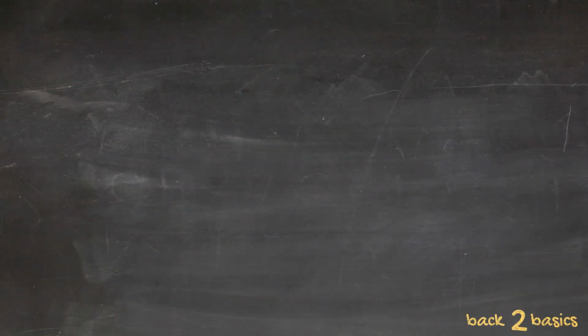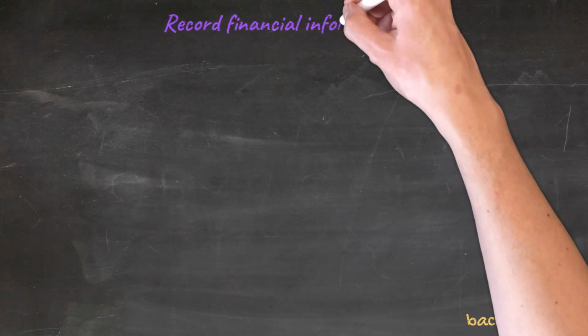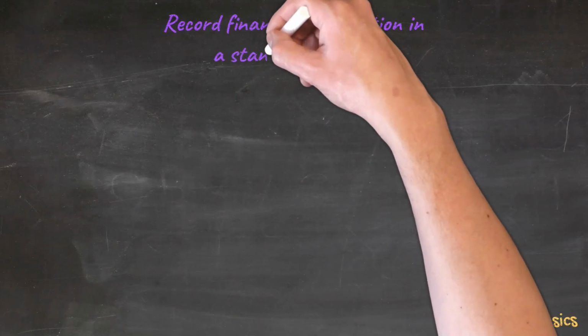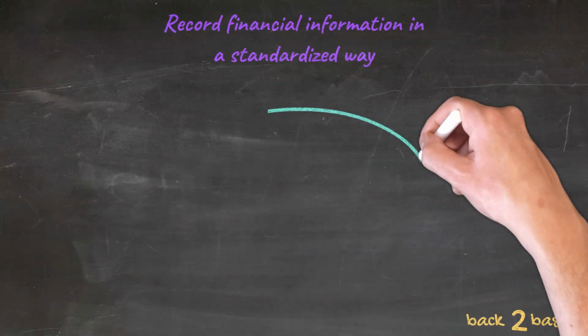So accounting, and I'm sure you already know this, is the process of recording the financial information of a business. Accounting and reporting standards require that businesses record their financial information in a standardized way.